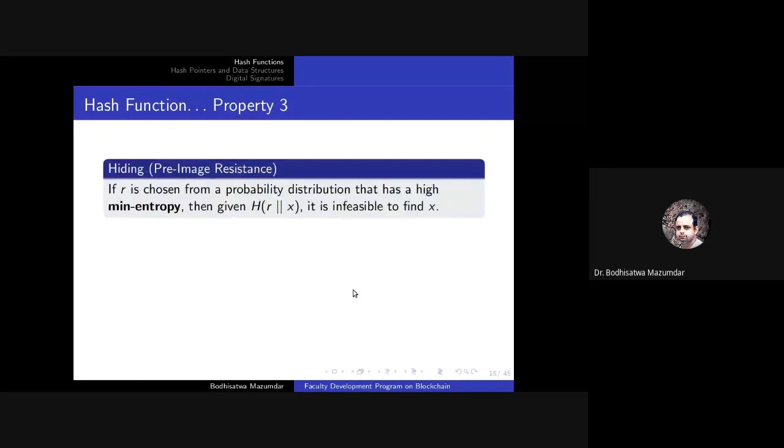Hiding. This pre-image resistance is also referred to as the hiding property.